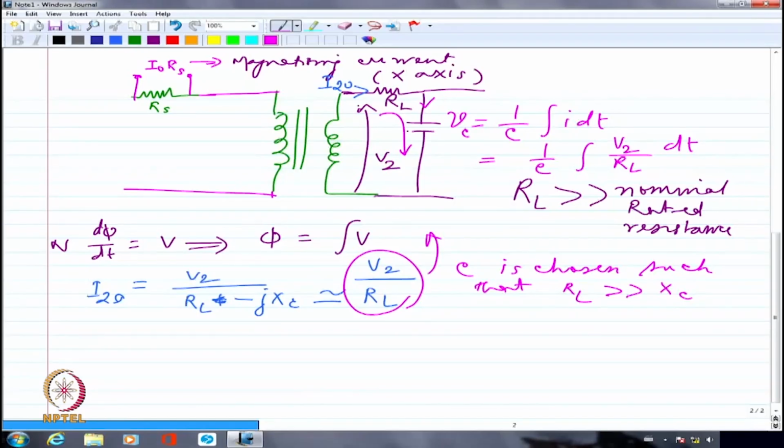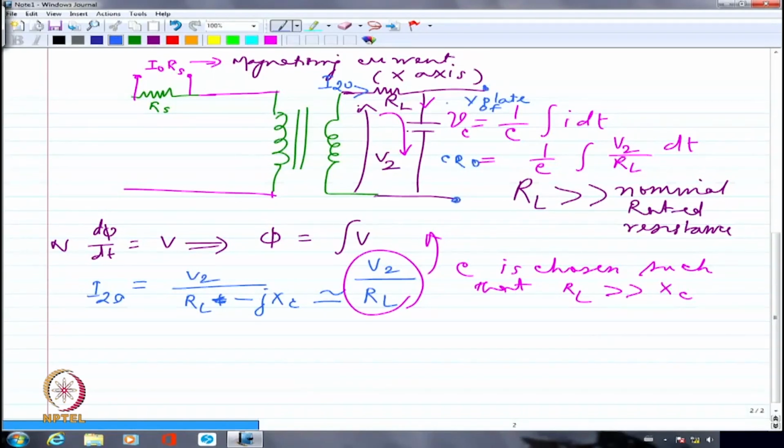But it is a measure of flux. So this is going to go across the Y plate of the CRO. This terminal will be connected to the Y plate.